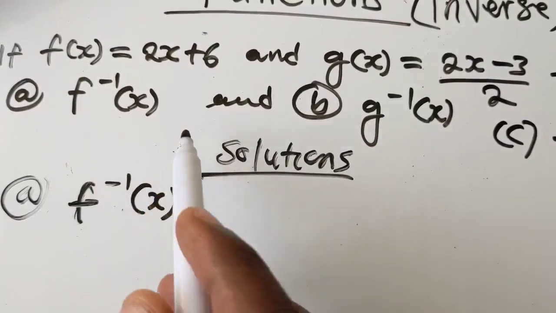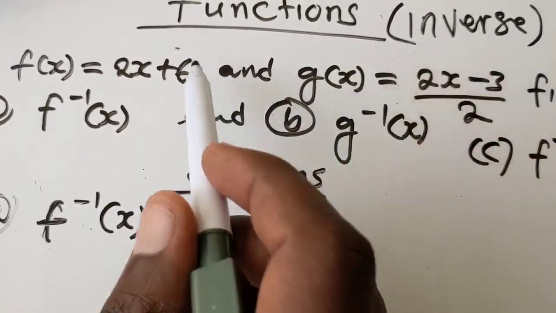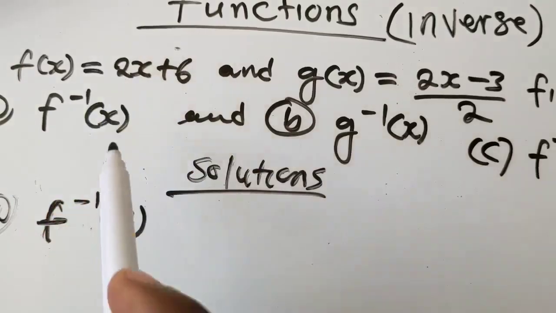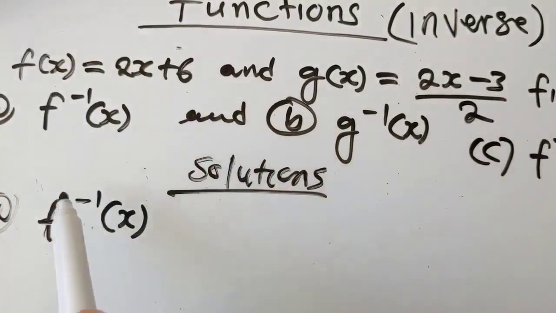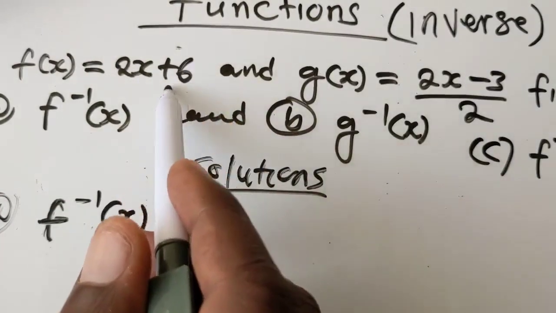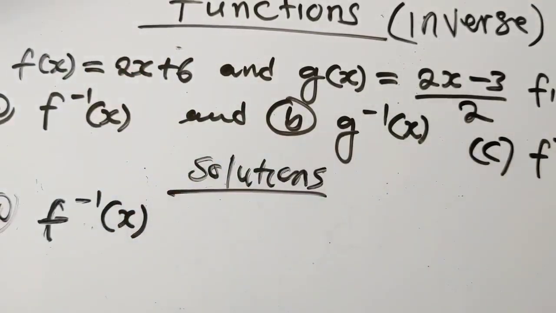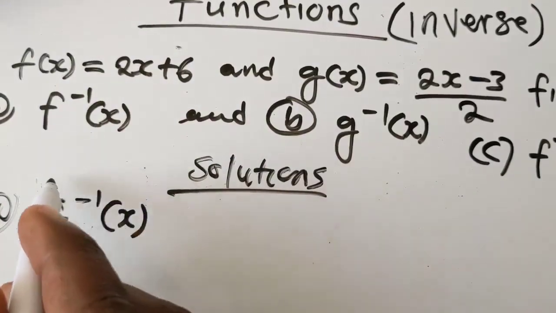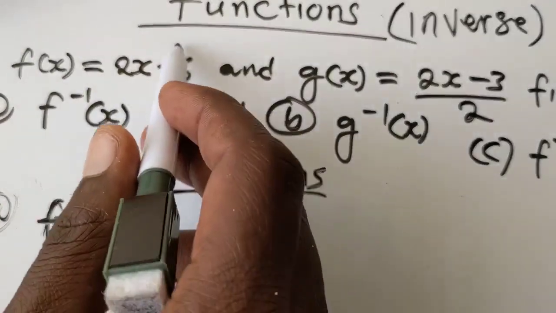Is it related to this function here, or that function? It is related to this function because it has f. So we are going to use this function to find the answer.